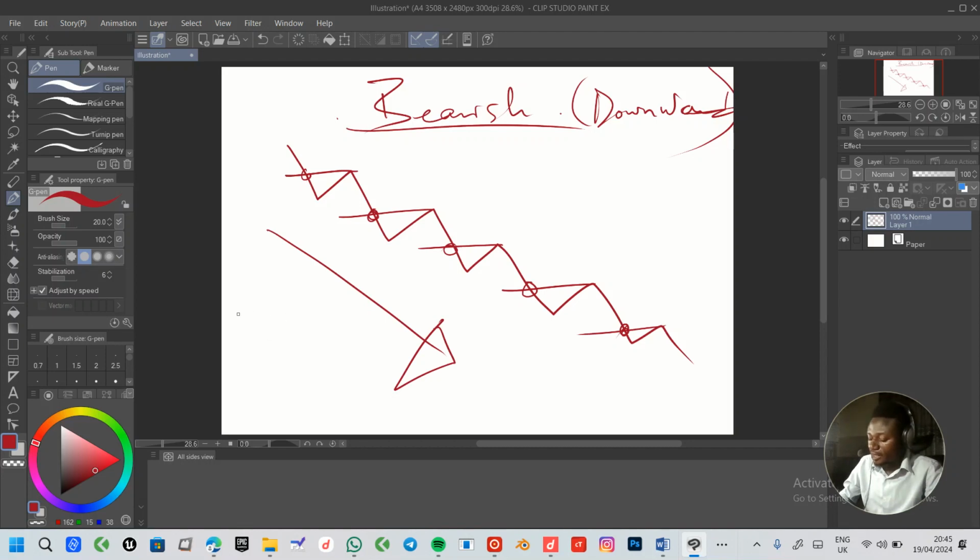The other one is higher high and then higher low. So this one is going to be lower high and lower low. Lower high, lower low. Lower high and lower low.